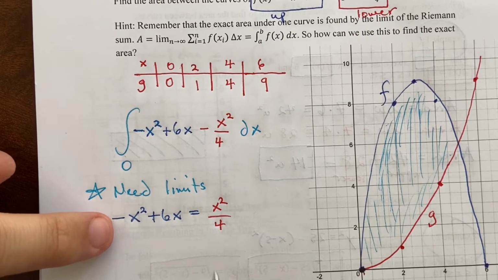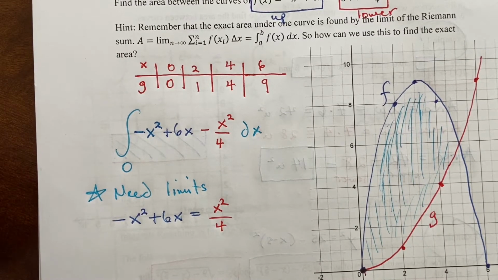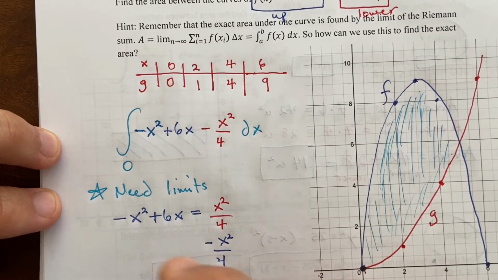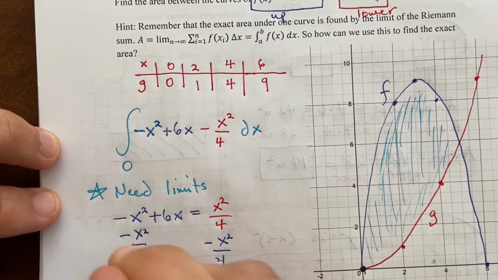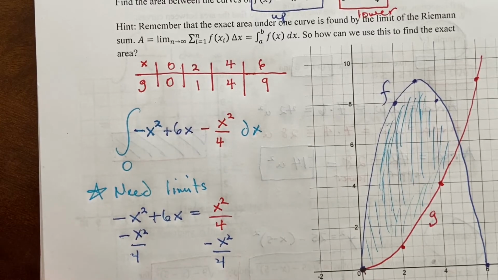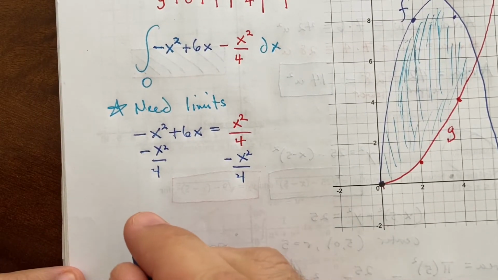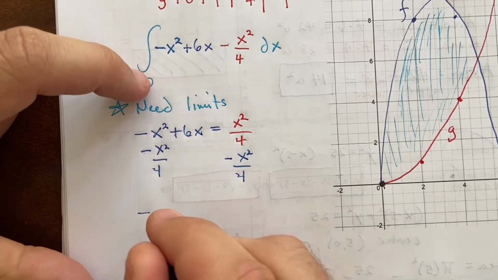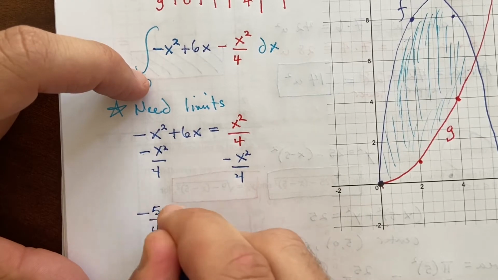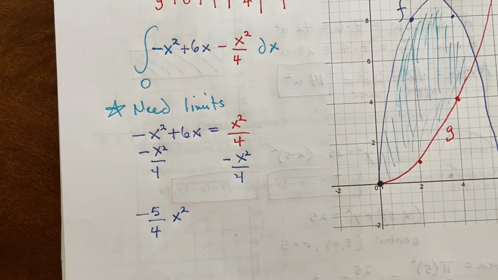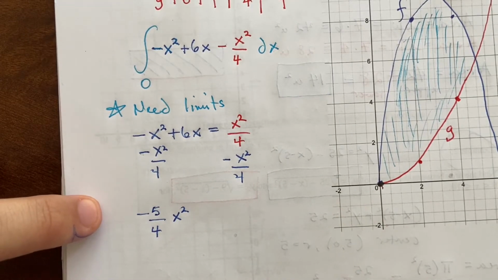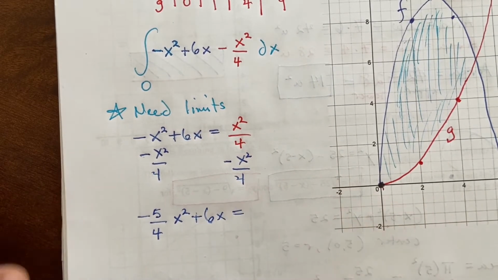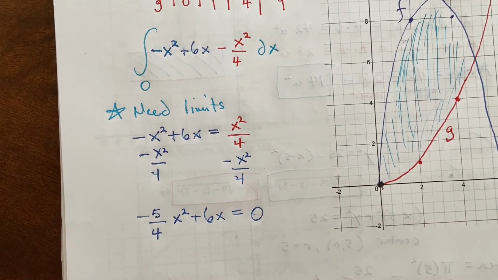So maybe I'll bring this over here. So I'll subtract x squared over 4. So just to stick with one color now, we have negative, so this would be 4/4, so this would be negative 5/4 x squared plus 6x equals 0.